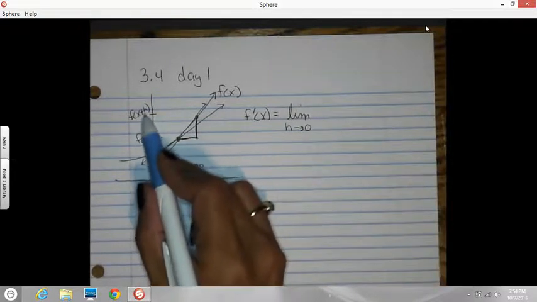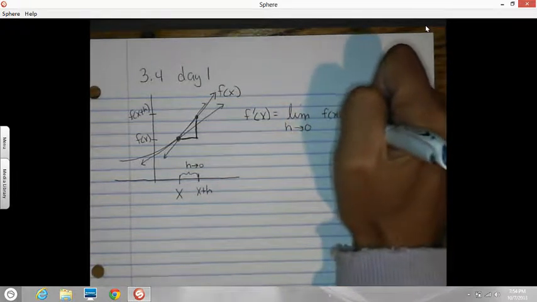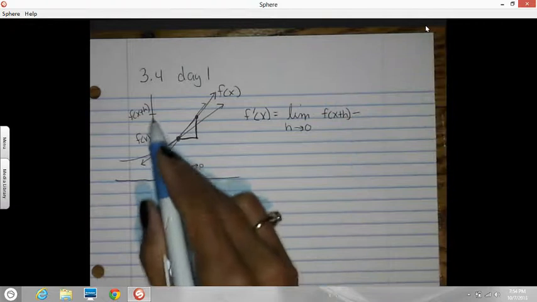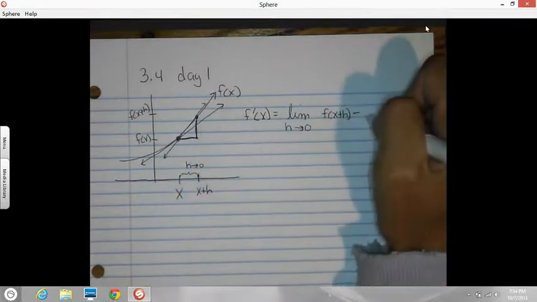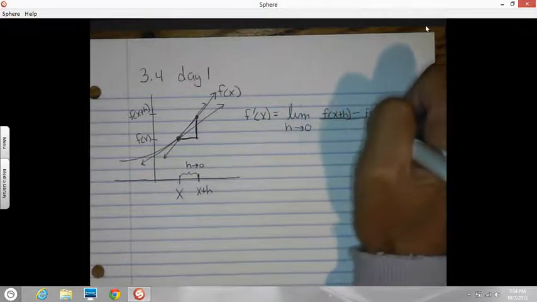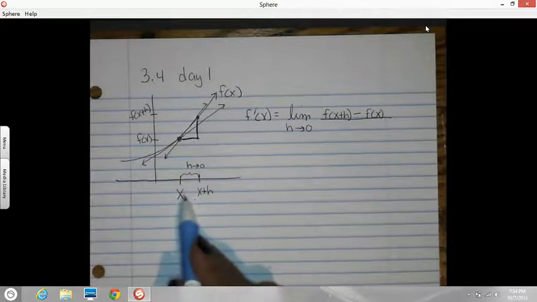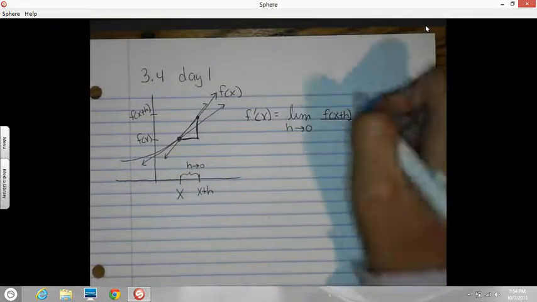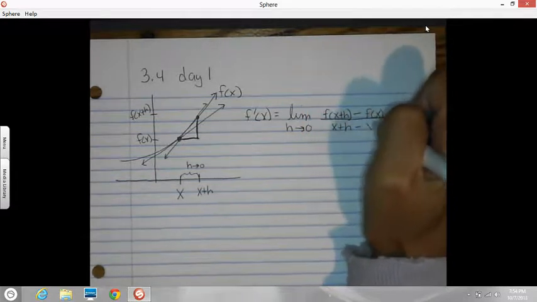So the change in y would be f of x plus h minus f of x. That's going to give me the rise, the change in y, over the change in x. Well, that's just the difference between these two x values, so that's x plus h minus x.